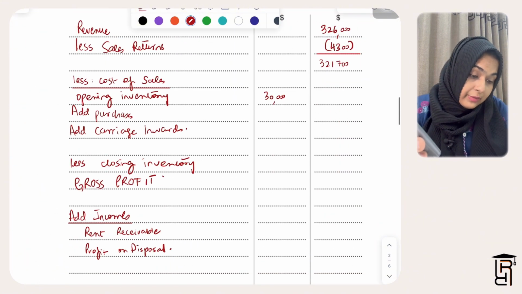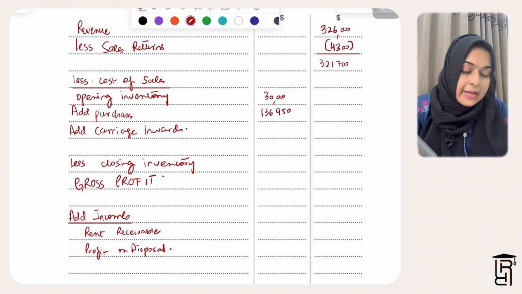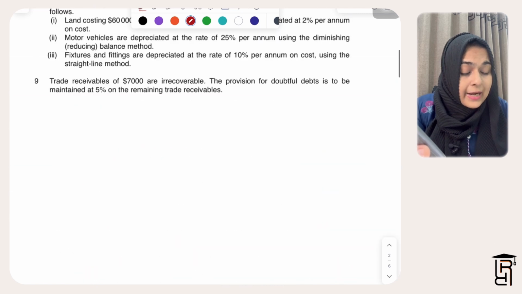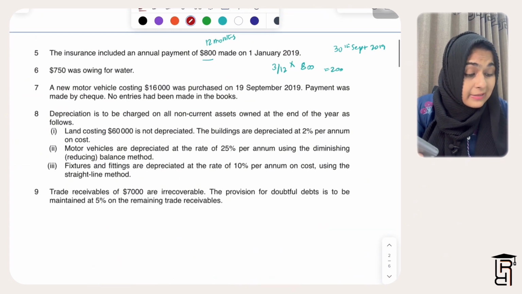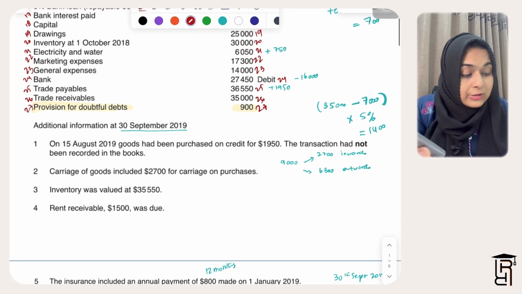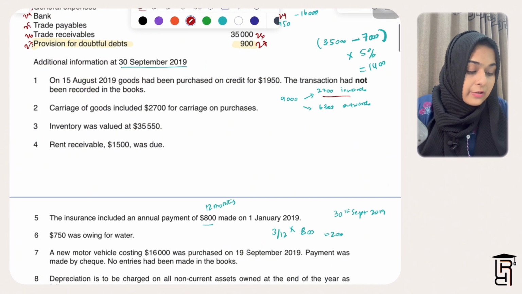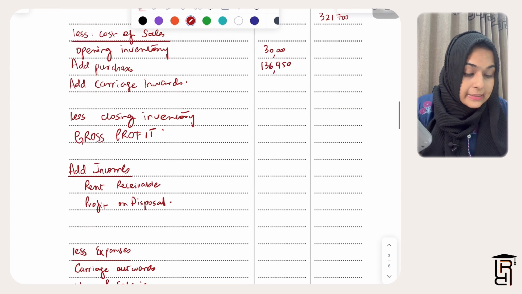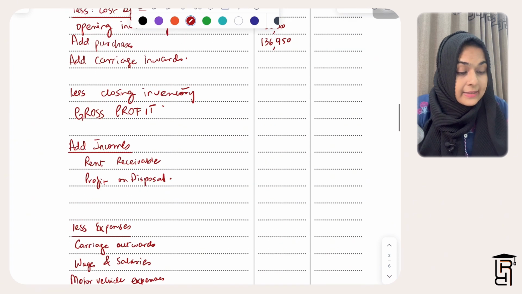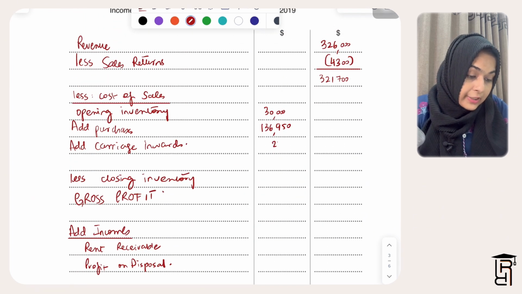So I'll write here 136,950. And then I need to add carriage inwards, which in this case is 2,700, which we also discussed as part of the adjustments here. So 2,700 will be added as carriage inwards here.